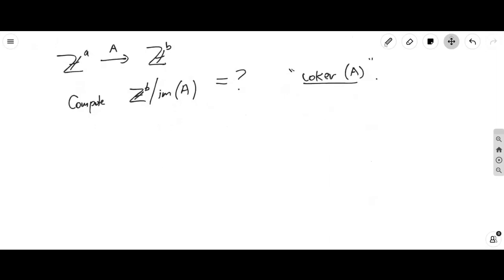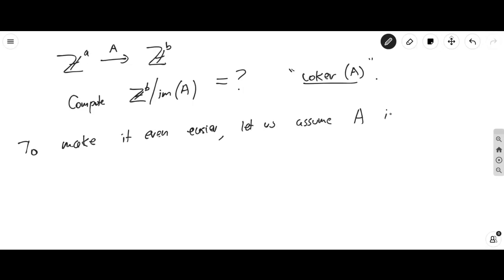And to make it even easier, let us assume that the matrix A is diagonal, that it's a diagonal matrix.